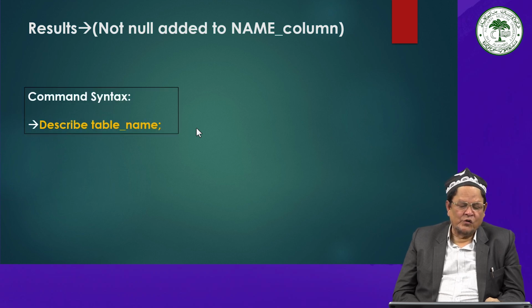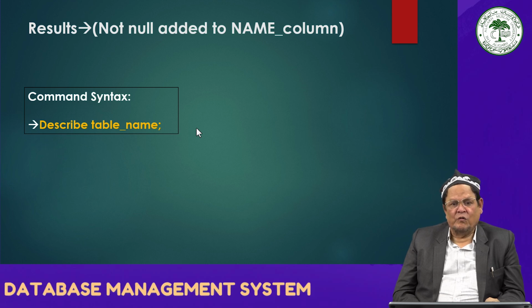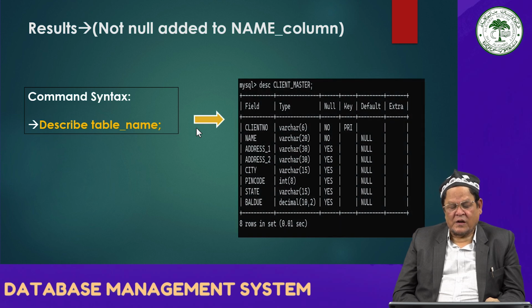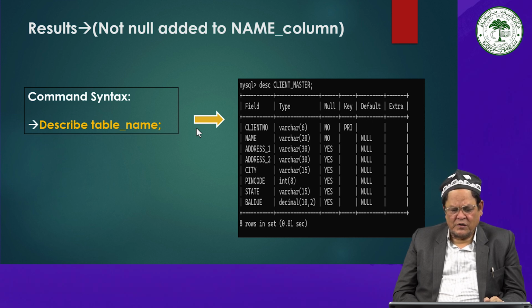For that, you have to use the command syntax describe table name. When you write this, client master, in MySQL, it shows field, type, null, key, default, extra, all the description. Here I have added name not null.